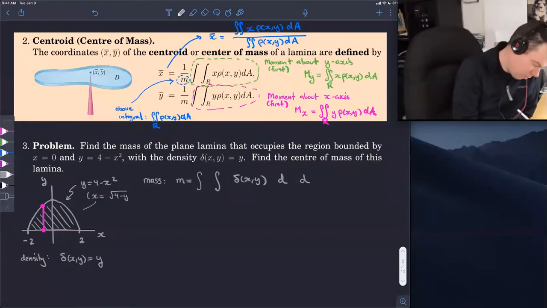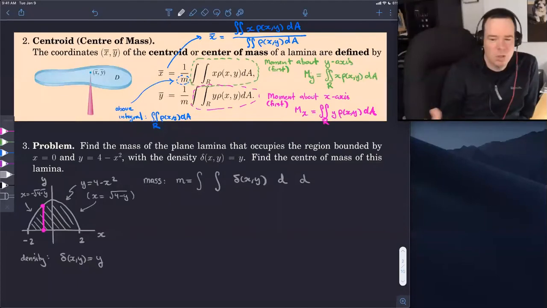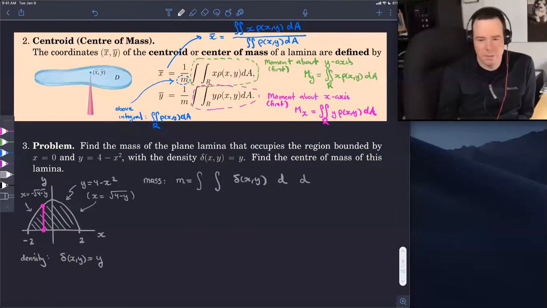That would be this curve here. But then I'd also have the other side, x equals negative square root of 4 minus y. And I need to use those two things if I'm going to integrate with respect to y as the inner integral, and then x after. So these are the things that I factor into my decision. Is it vertically simple or horizontally simple?